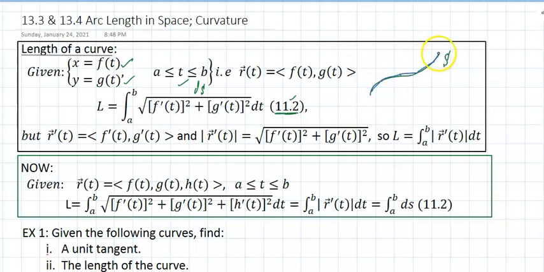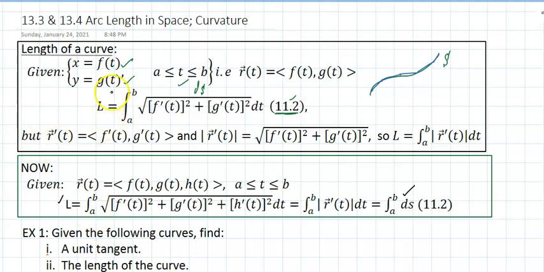If you remember this, again, this is in the previous course, this is described fully. And it was L equals the integral of ds. Oh, right there. That's what L equals. So this is in 2 dimensions. It's the square root of f prime of t squared plus g prime of t squared.